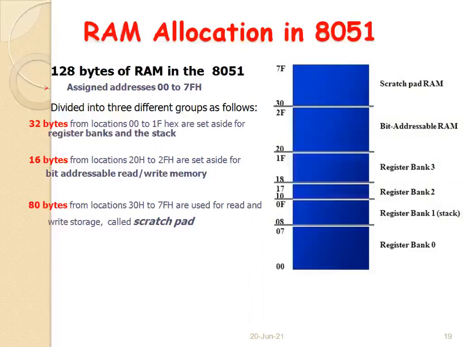A series of books are placed one by one inside the book shelf. So when one book is added, the number of books presently available inside this stack is incremented by 1. If a book is issued from there, the count of the books will be decremented by 1. So the stack concept of the 8051 microcontroller is very similar to this concept adopted inside the library.